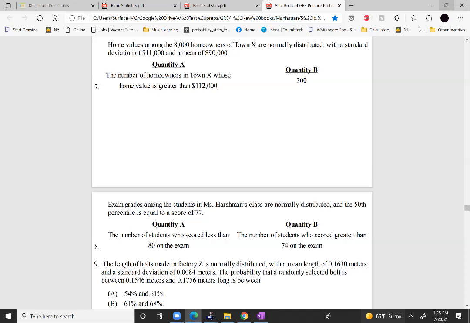Okay, so the number of homeowners is greater than 112. So 11. 101, it's another 11. 13.5.